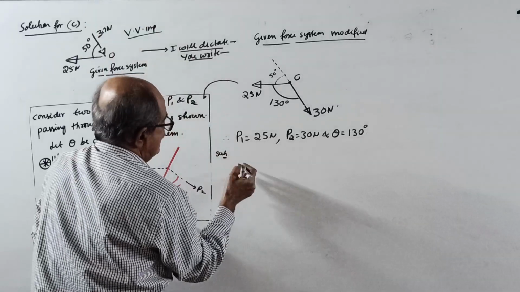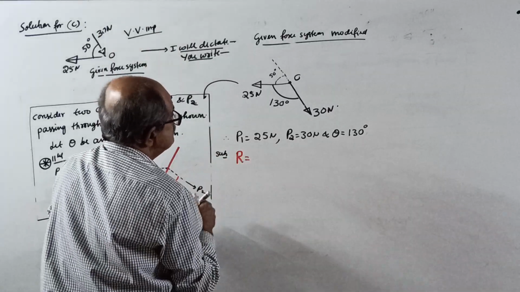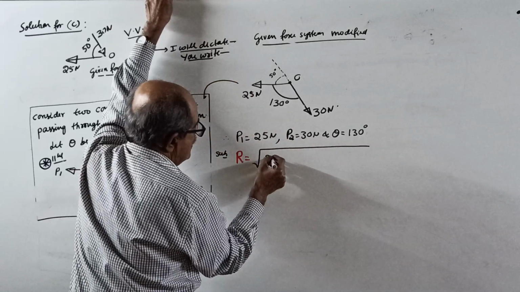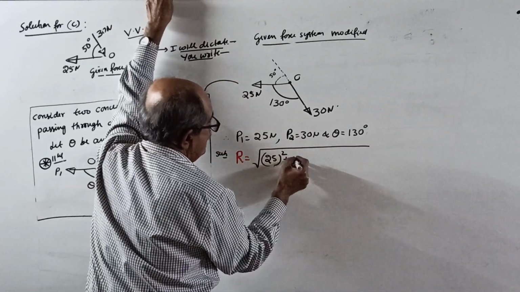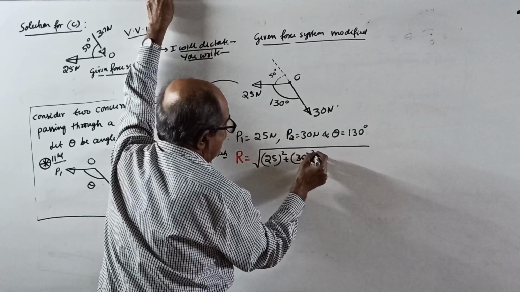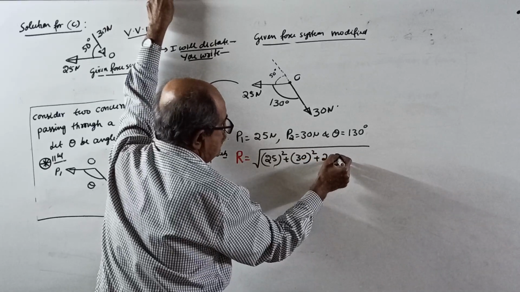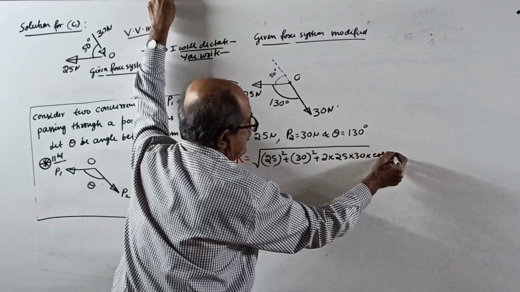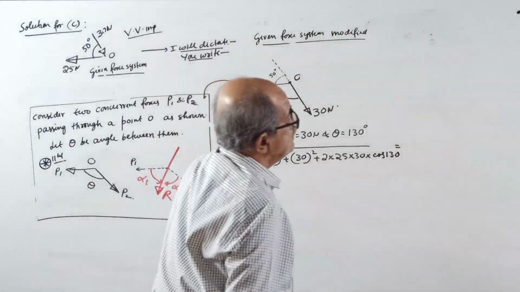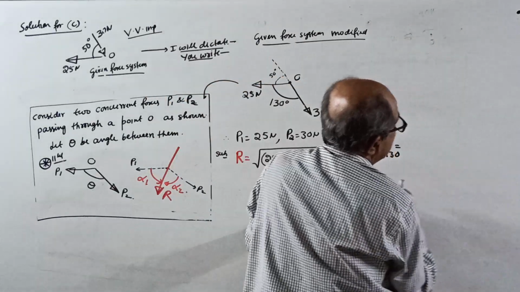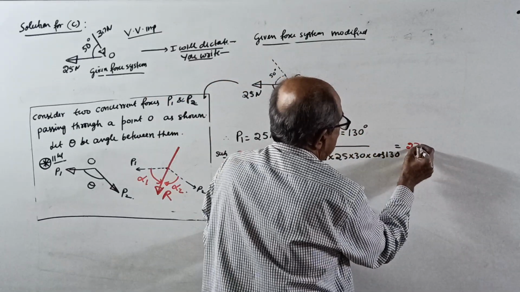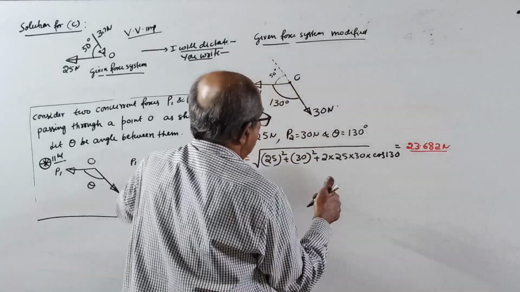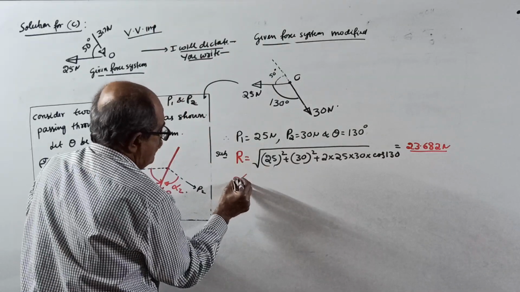Substituting, resultant R equal to square root of 25 square plus 30 square plus 2 into 25 into 30 into cos of 130. This will come, I already calculated, 23.682 Newton. I calculated correctly.